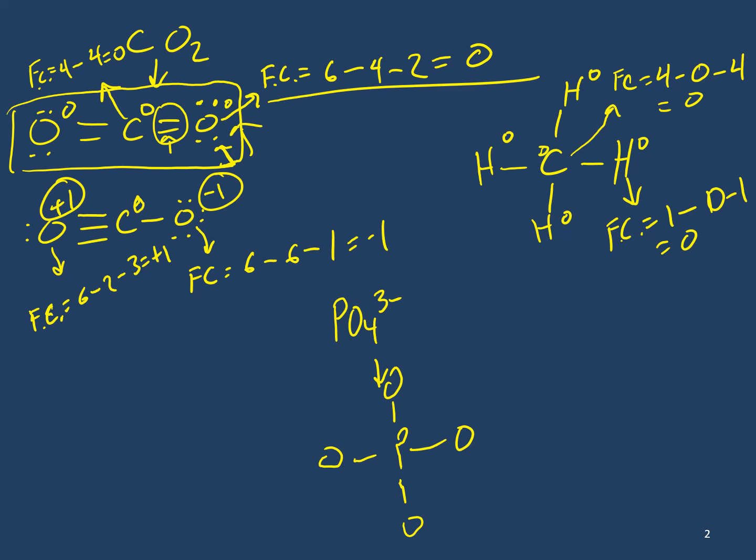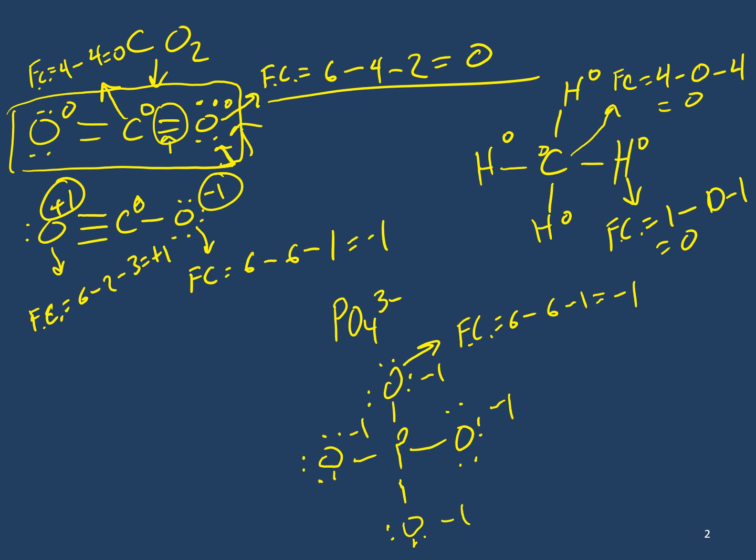I'm going to erase my little arrow here, give myself some more room. 1, 2, 3, 4, 5, 6, 7, 8, 9, 10, 11, 12, 13, 14, 15, 16, 17, 18, 19, 20, 21, 22. And this is done. All these oxygens have a formal charge of 6 valence electrons minus 6 dots minus 1 stick, -1.